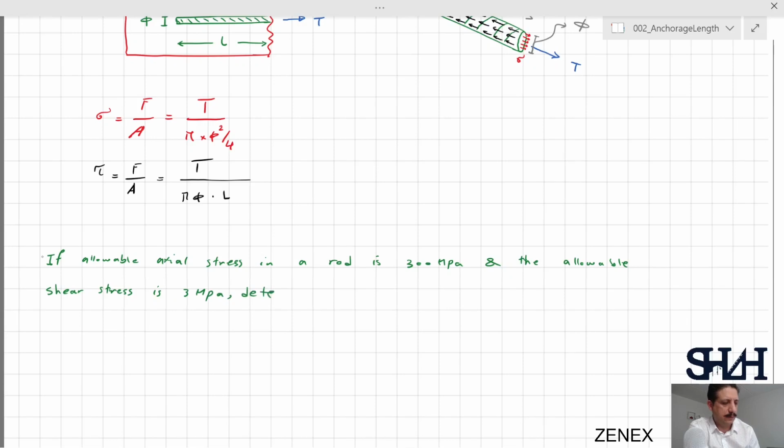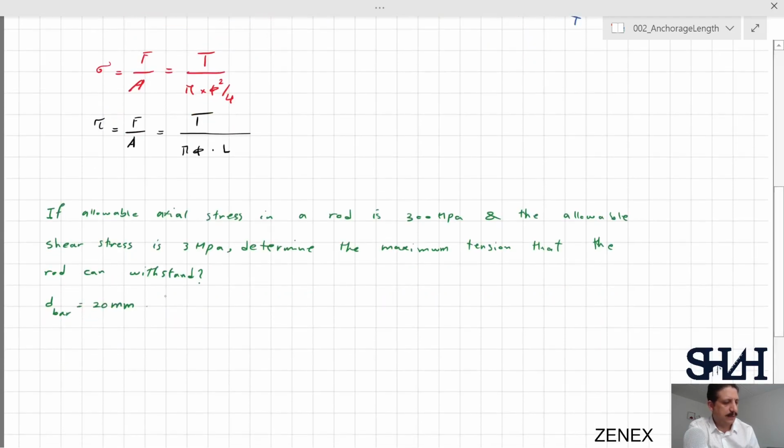Determine the maximum tension that the bar or the rod can withstand. Diameter of the bar for the rod is 20 millimeter and the embedded length is, let's say, 600 millimeter.